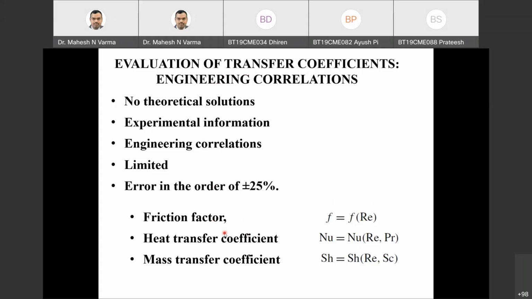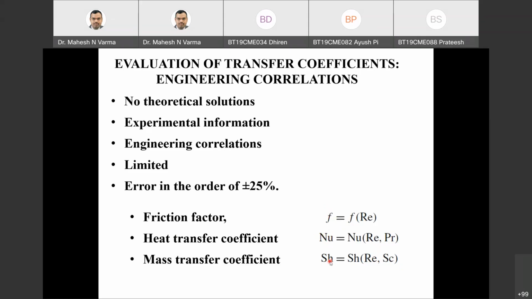Similarly, for estimating heat transfer coefficient, Nusselt number is a function of Reynolds number and Prandtl number. In Nusselt number, you will have the heat transfer coefficient. Similarly, for mass transfer coefficient, Sherwood number is a function of Reynolds number and Schmidt number. These are the general nature of engineering correlations available.